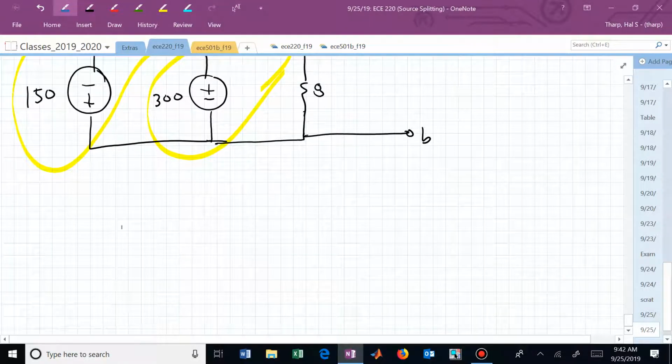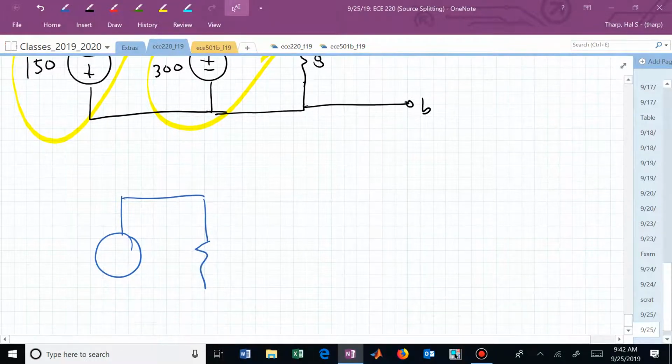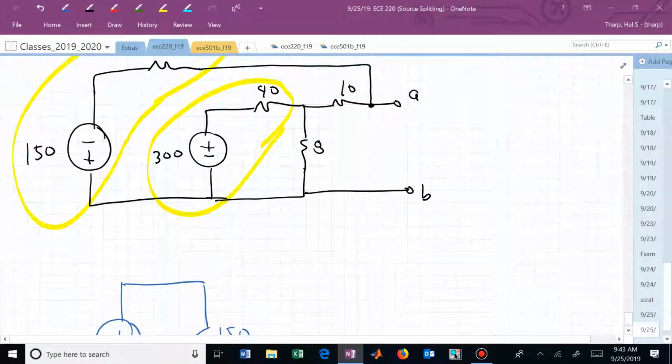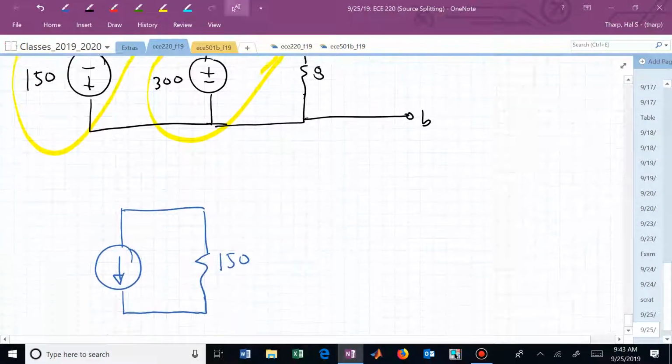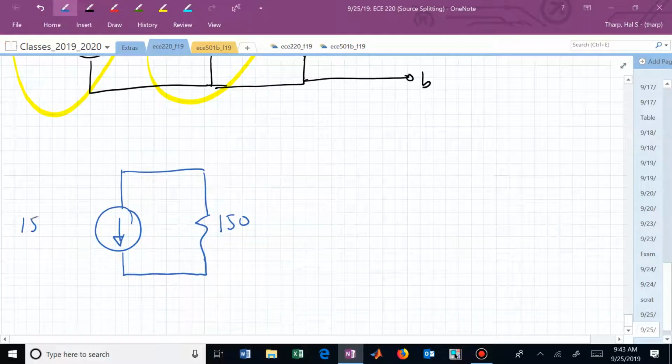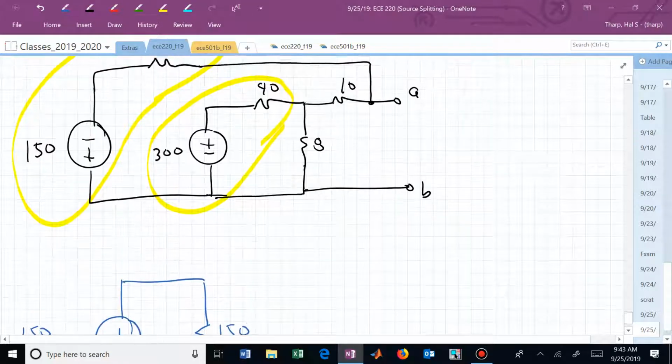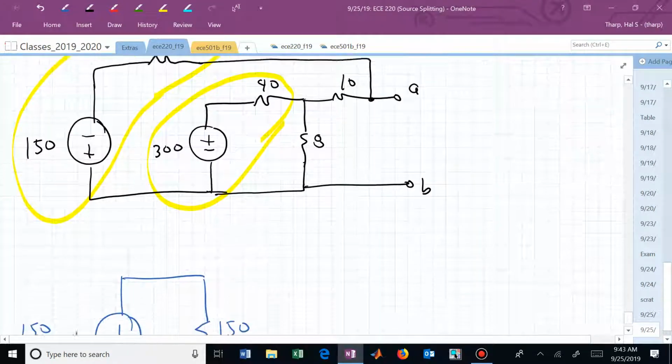Or what's the left one look like? What's the value of this current source? V over R. So it's just 1. And I have it in parallel with 150.